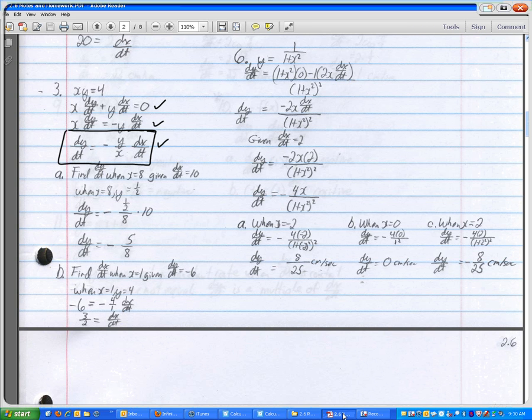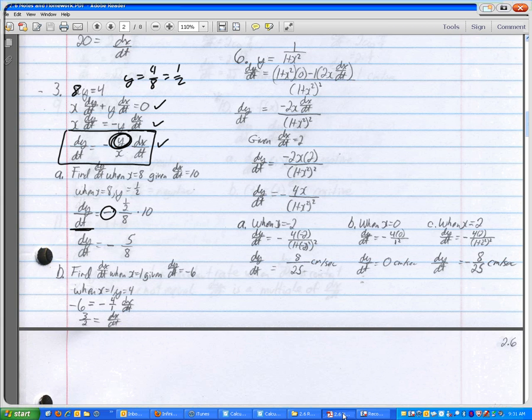Now, let's see, how did I get y equals 1/2 out of that? Okay, so if x equals 8, then 8y equals 4, and y equals 4 over 8, which is 1/2. Okay, and now I can substitute in for everything. dy/dt is what I'm looking for. I've still got a negative sign.